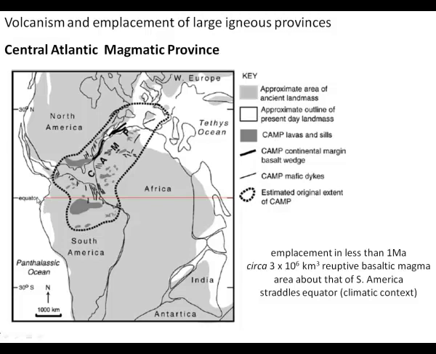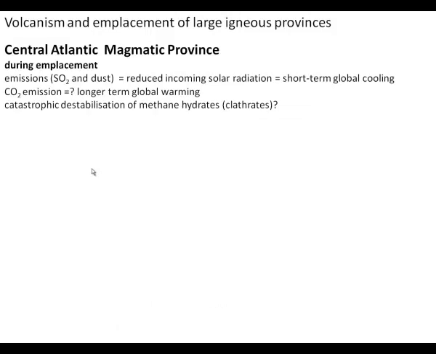Interestingly enough, the actual deposits straddle the equator, where, as we've seen before in the course, there are very, very significant rates of weathering associated with the production of things such as bauxites and laterites. So these are very distinctive weathering regimes associated with equatorial latitudes today, and presumably also equatorial paleolatitudes, and we'll come back to that shortly.